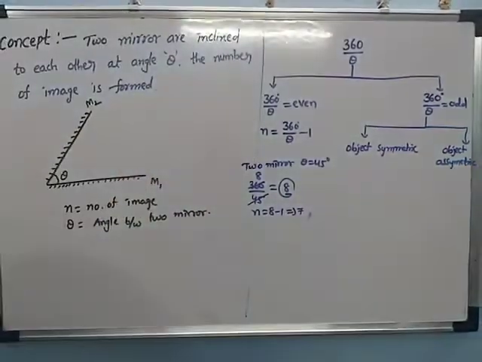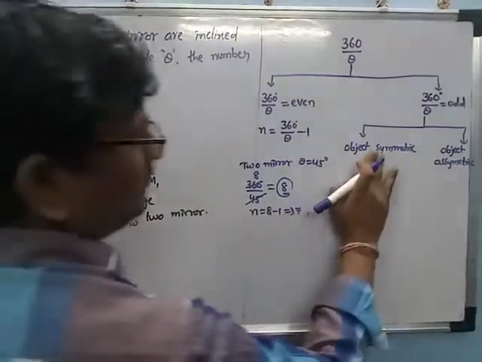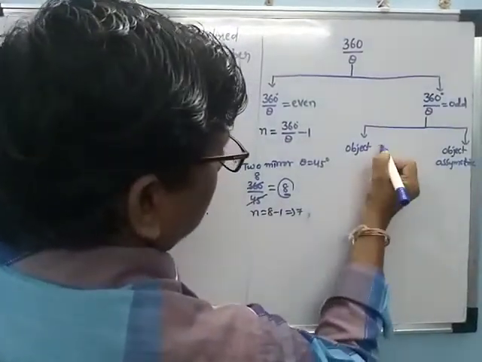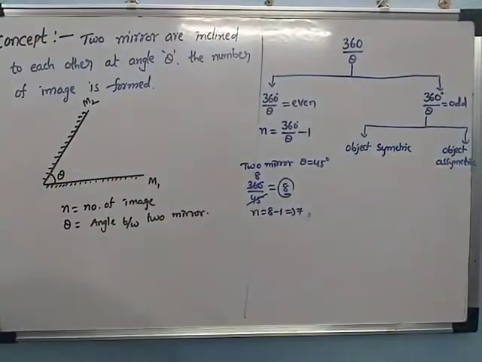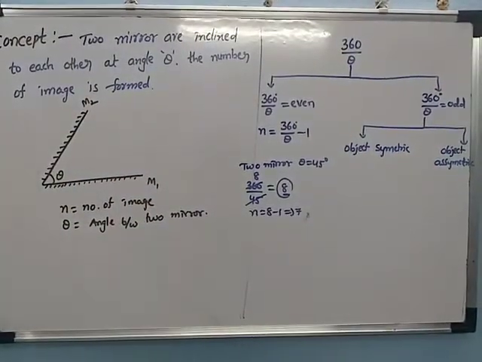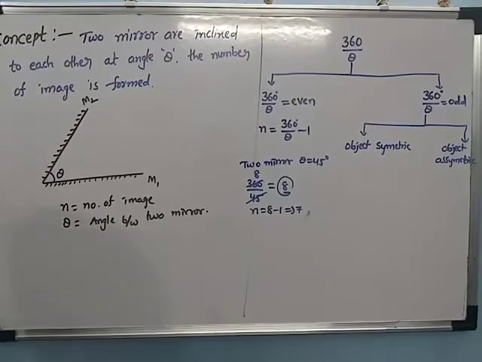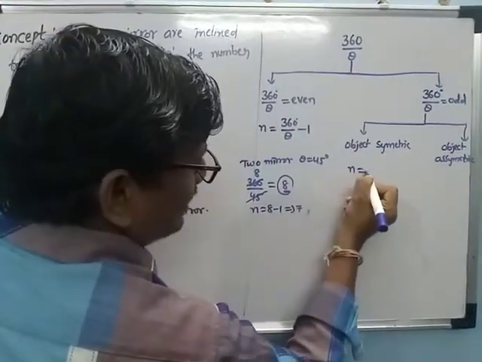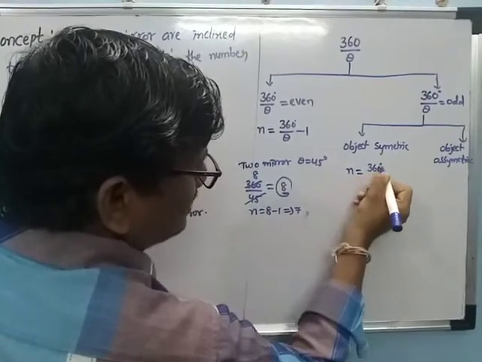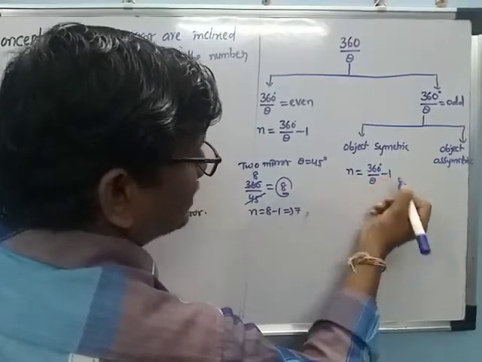See, one case is the object being symmetric and the other is the object being asymmetric. When the object is symmetric, the number of images N is equal to 360 by theta minus 1.